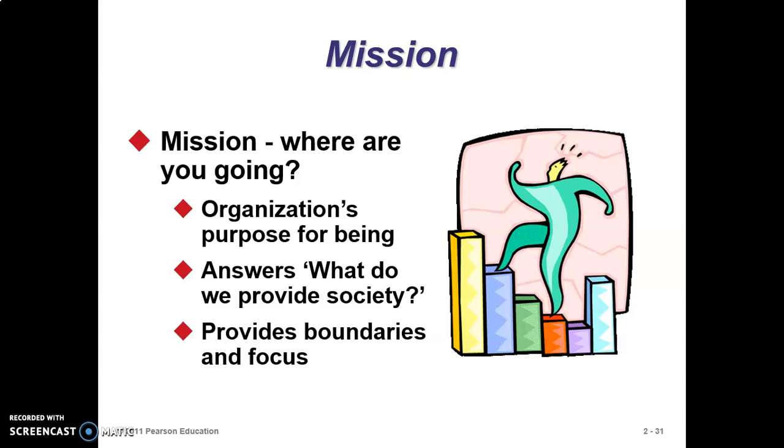So for example, you are producing food. Food is the thing that you want to give to society. Or you have a delivery service. The delivery service is the thing that you provide to society.